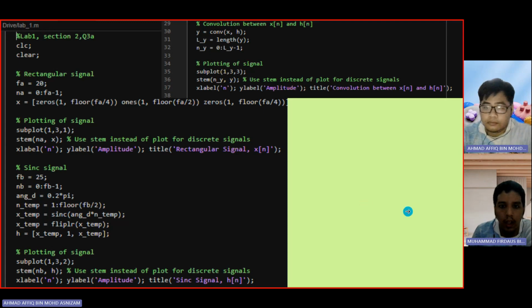The subplot section organizes and displays the three signals: the rectangular signal Sn, the sine signal Hn, and the result of their convolution Yn. The stem function is used for plotting discrete signals. Each subplot is labeled with the corresponding signal or operation. The x-axis represents the sample index n, and the y-axis represents the amplitude of the signal.